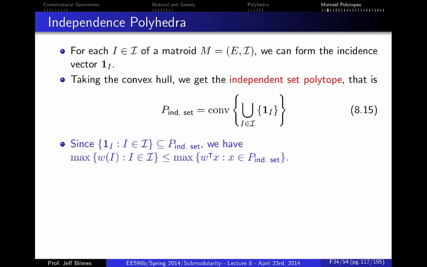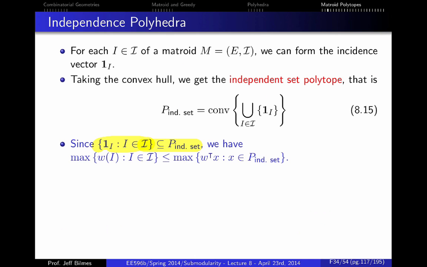Now, right away, this polytope is itself a set of real values. The incidence vectors of the matroid are also a set of vectors. So we have this subset relationship, because the convex hull of a set of vectors certainly contains the original set used for the convex hull.